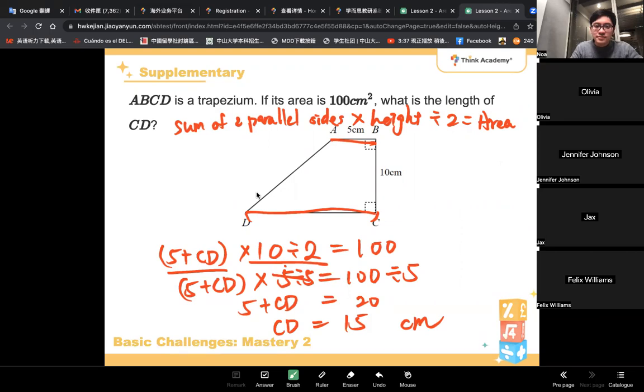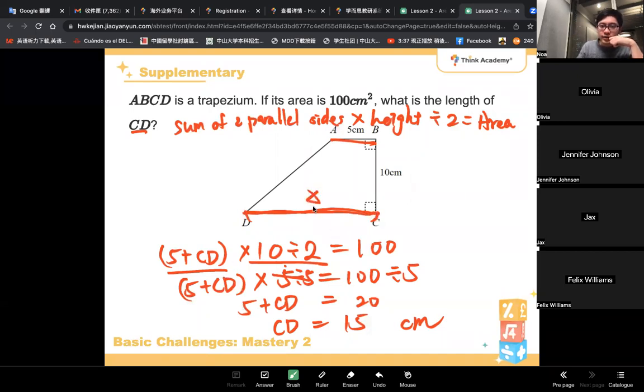I don't get why it's CD. Oh, CD is just a symbol. They're asking the length of CD, right? C is a point, D is a point, and 2 points connected together is a line. So they're asking how long a line is. So I put a CD here.